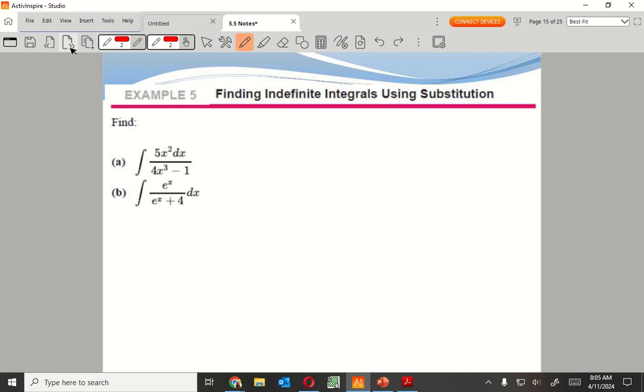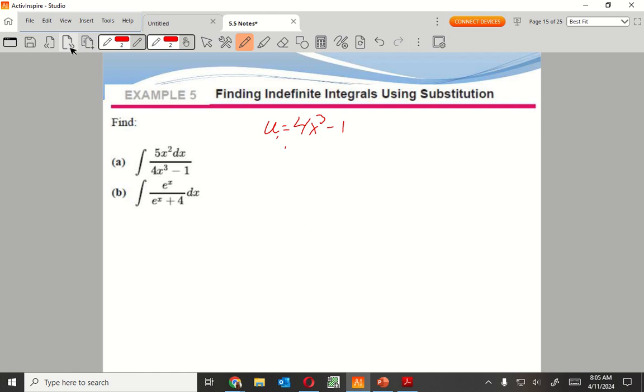Those are my puzzle pieces. I know when I sub, I'm going to take the derivative, so my degree should be one less, so that should help me out. So let's say u is equal to 4x cubed minus 1.